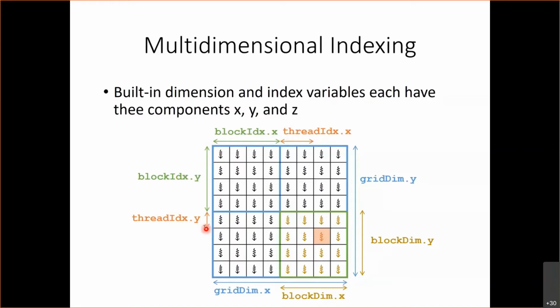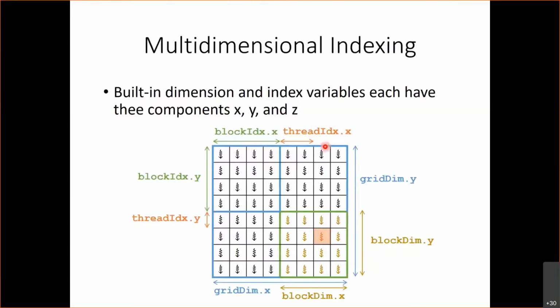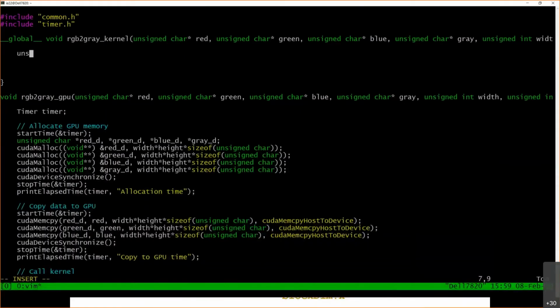When we come to implement our kernel that's going to do the RGB to gray conversion, the first thing we want is to have each thread identify which row and which column in the image it's responsible for. So we're going to write unsigned int row is equal to blockIdx.x times blockDim.x.